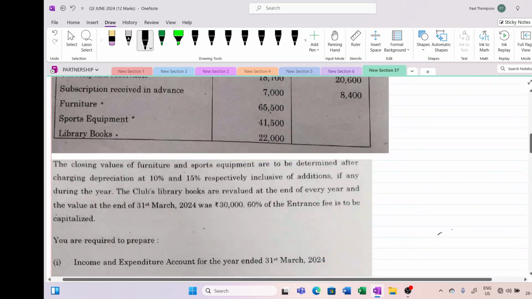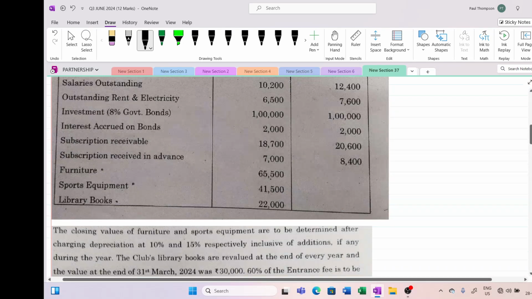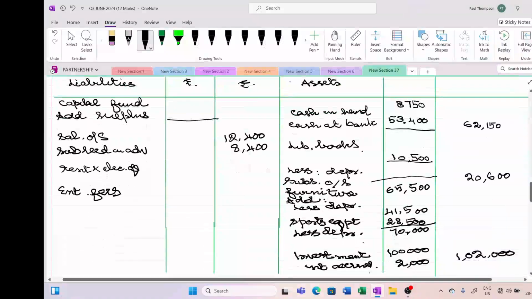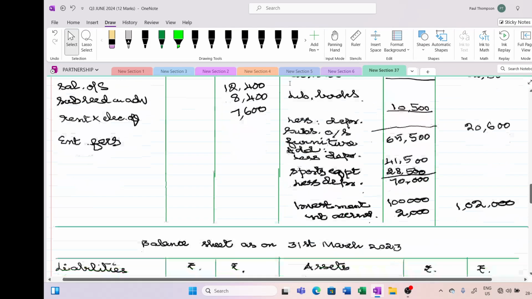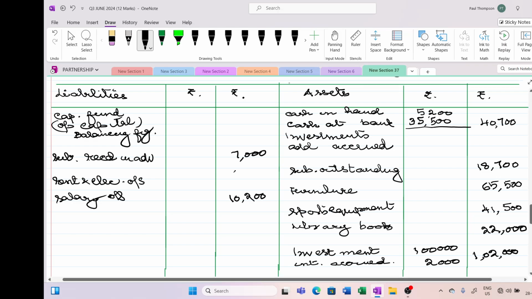Okay. So next one is rent and electricity 6,500, 7,600. Here it is rent and electricity 6,500.